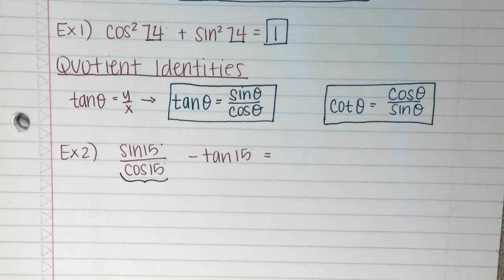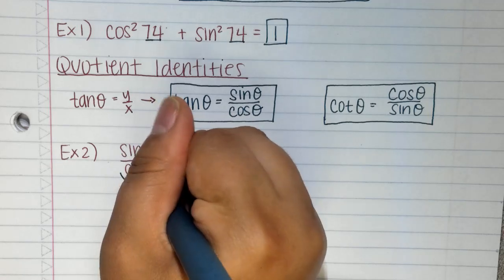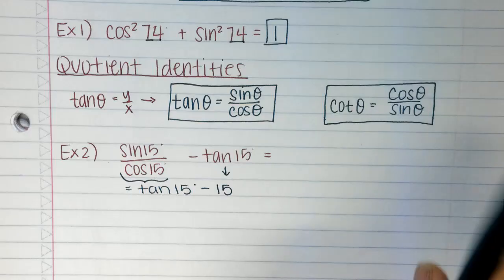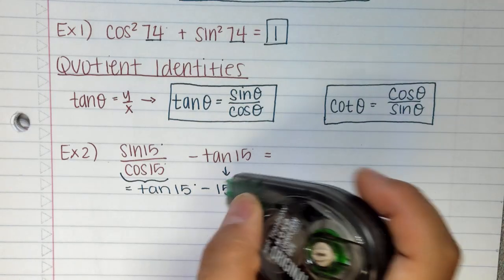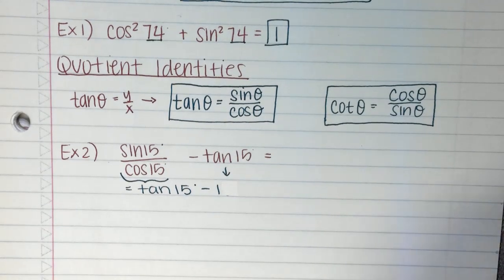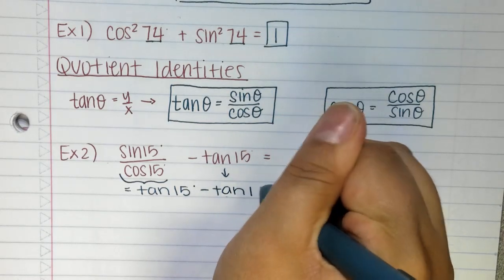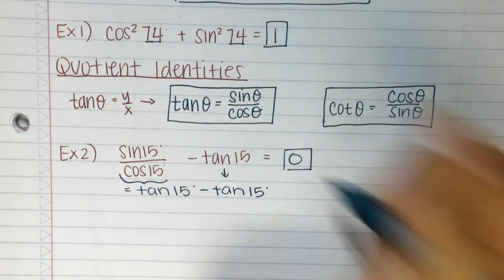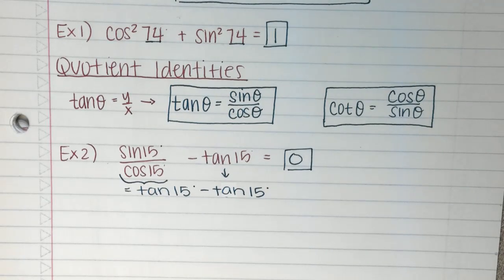What does that turn into? Tan 15. That's equivalent to tangent of 15. I'm going to bring down minus tangent of 15. And what's the tangent of 15 minus tangent of 15? 0. What questions do I have about that? Are we okay?